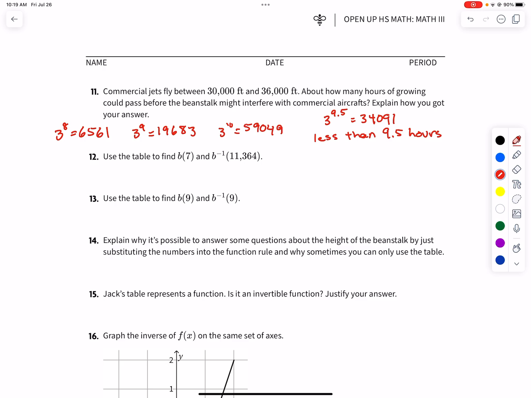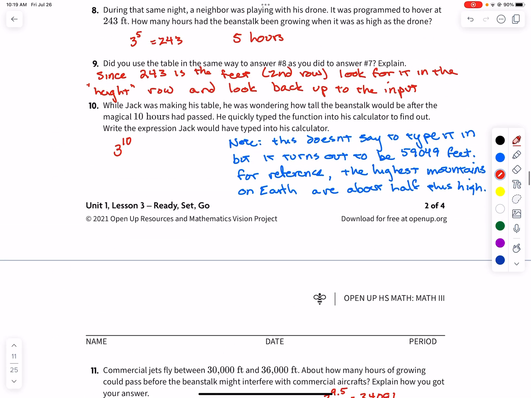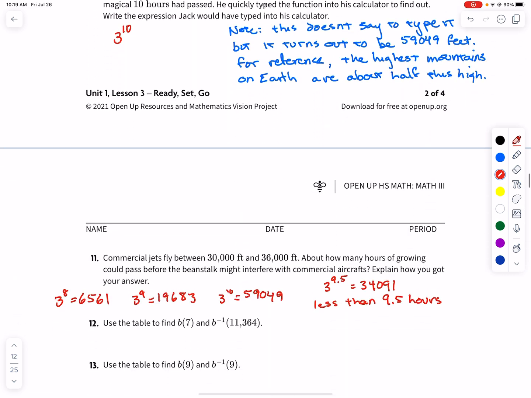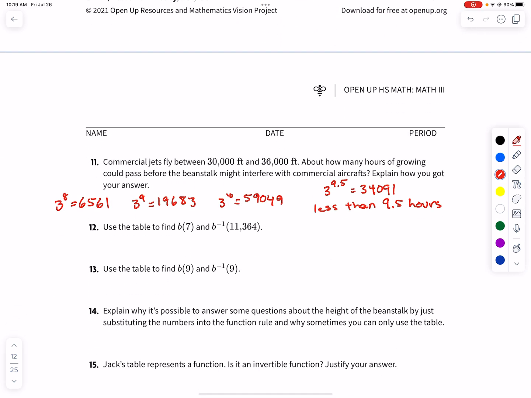We can't use the table to find b of 7. Well, we can find b of 7, 2187. We can't figure out b inverse of 11,364 because it's not on the table, but oh well.